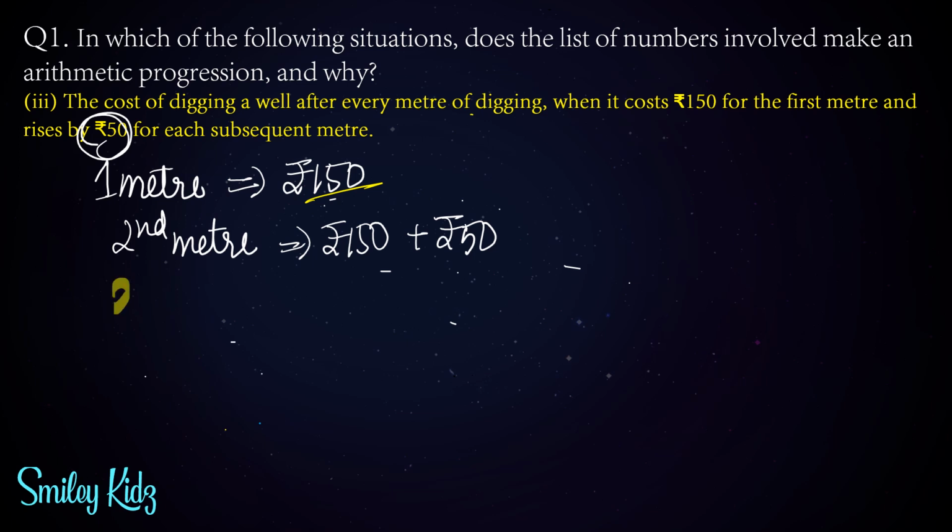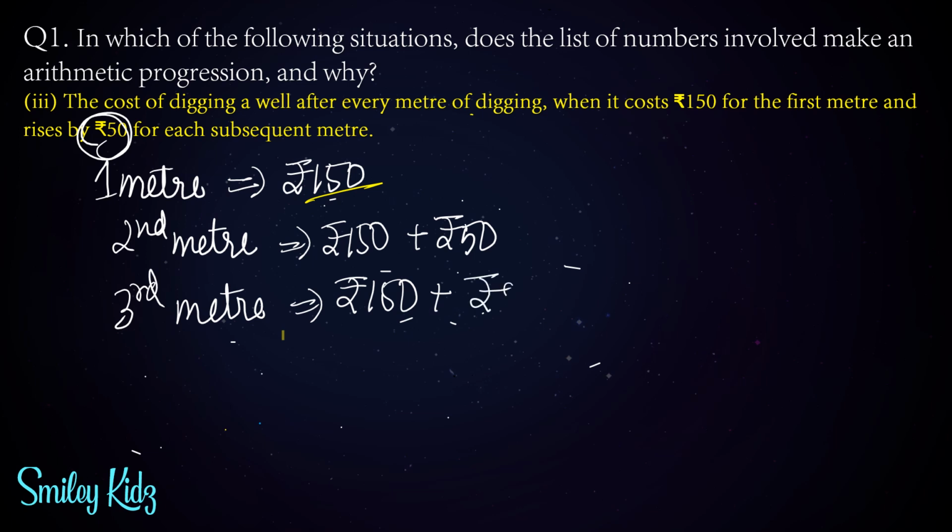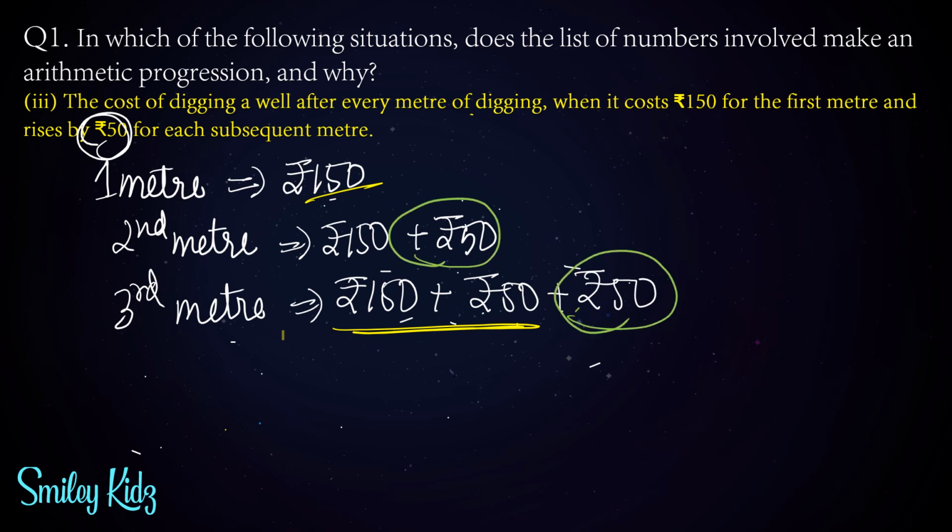Now moving on, we have the third meter, which turns out to be rupees 150, which is common, plus rupees 50 plus rupees 50. Now this is the cost of the second meter. The third meter will be plus rupees 50 again, plus rupees 50 plus rupees 50 and so on.